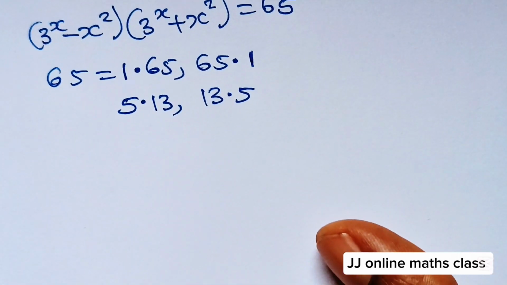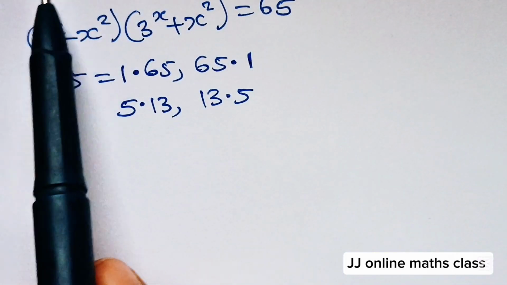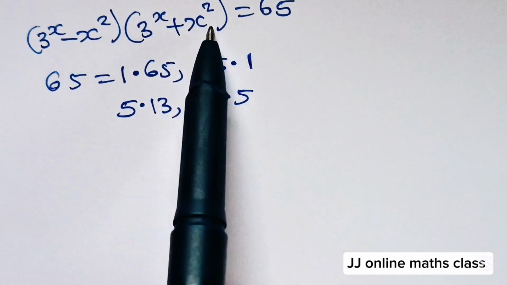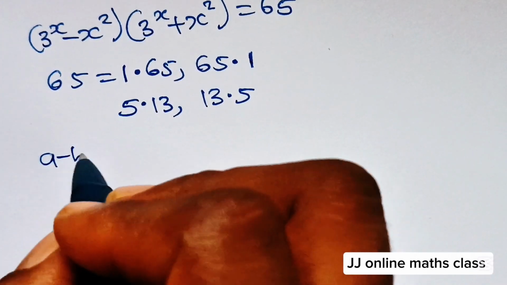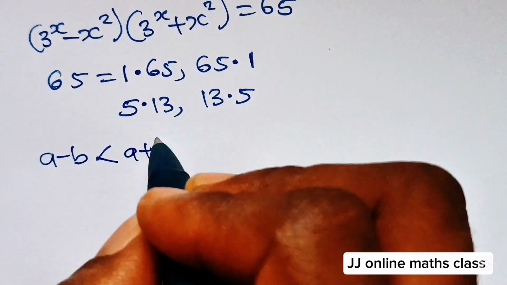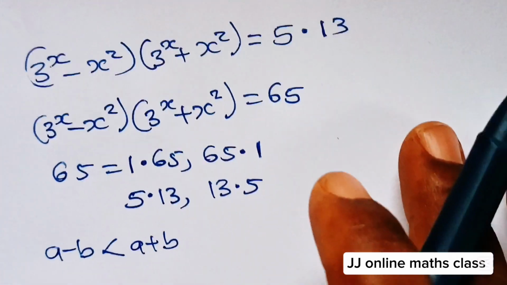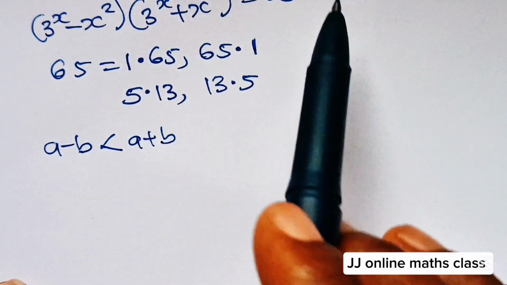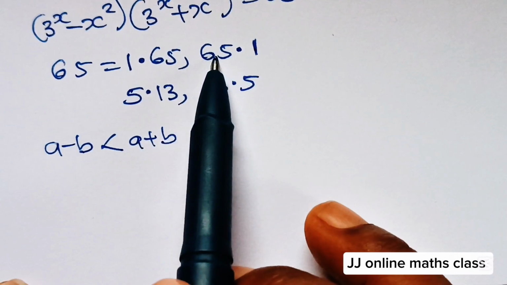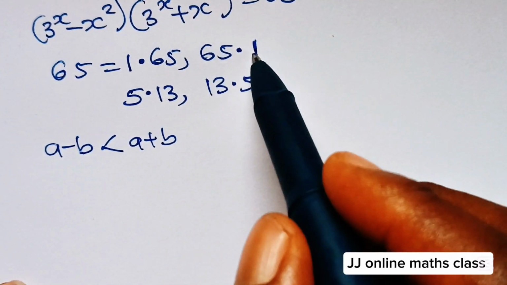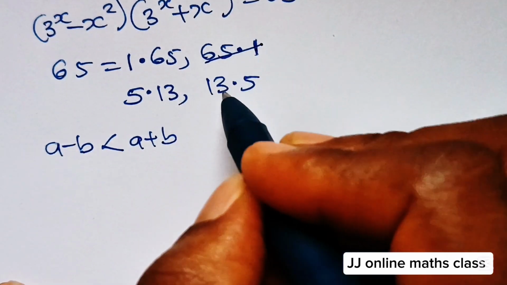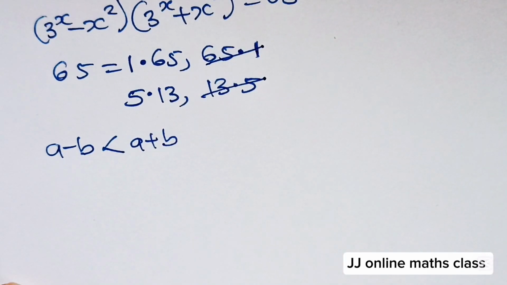So if x is an integer, then that simply means a minus b must be less than a plus b. So if we express this in this way, the first number should be less than the second number. Since this is greater than the second number, it will be rejected. This is also greater than the second number, so it should be rejected.